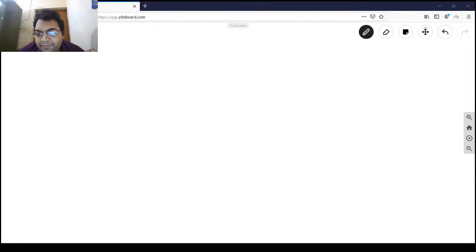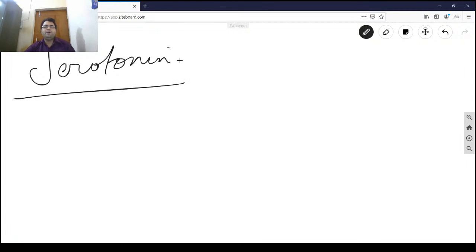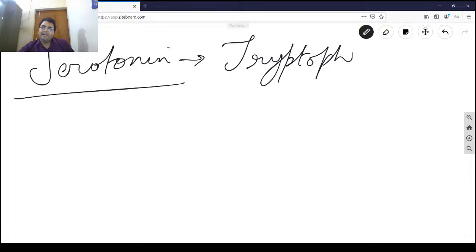Then we come to a very specific neurotransmitter known as serotonin. Serotonin is a very special neurotransmitter. It is also known as the happy hormone, not a hormone, but in layman's terms it is known as the happy hormone. It is synthesized in the body from the amino acid tryptophan.